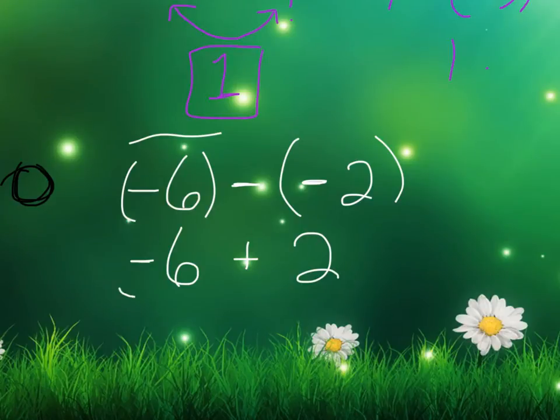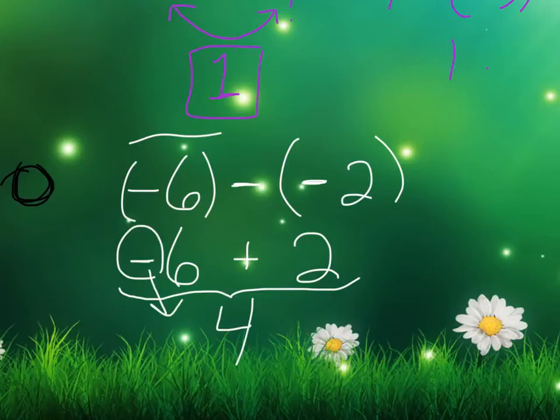Now we're dealing with an addition problem. Negative 6 plus 2. Again, since they're opposite signs, we're going to subtract them. 6 minus 2 is 4, and we're going to take the sign of the bigger number. 6 is obviously bigger than 2, so it's going to be negative 4.